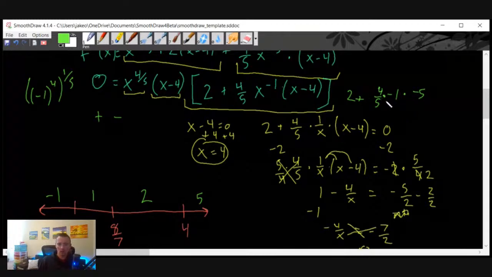So that would be -4. 2 minus 4 would be -2. So we'd get a negative in our third term. So a negative times a negative times a positive would give us a negative number. So since we got a negative number by plugging in -1, that tells us that our function is decreasing. Our slope is negative for this interval of all x values less than 0.